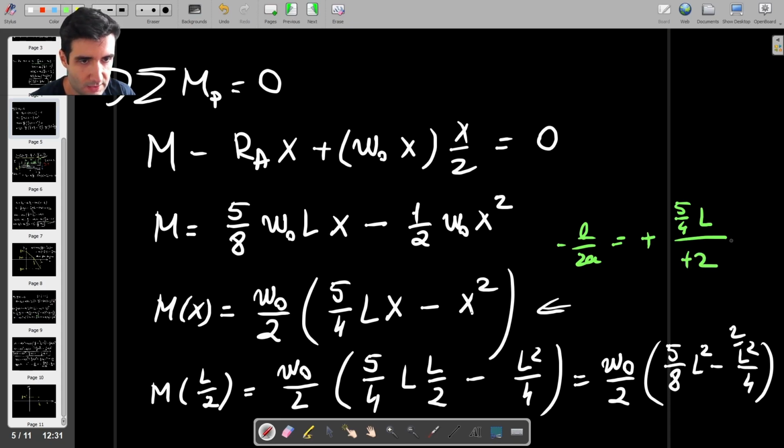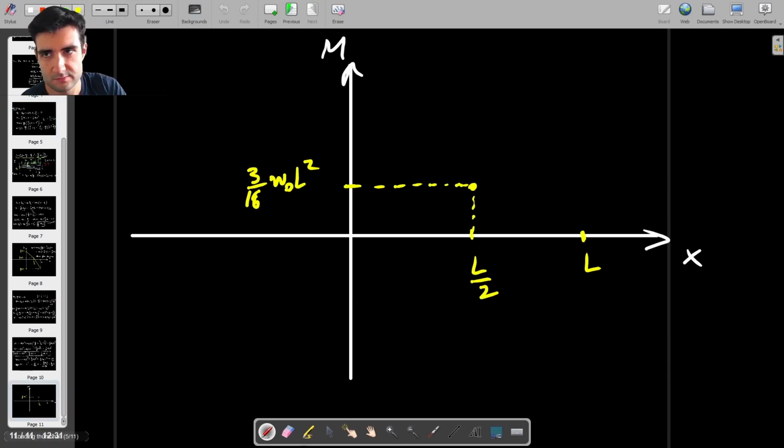So it's going to be like this, which is 5 over 8 L. So the peak doesn't actually happen in this first half, because it would be something like this, but this is just the first part of the parabola essentially.